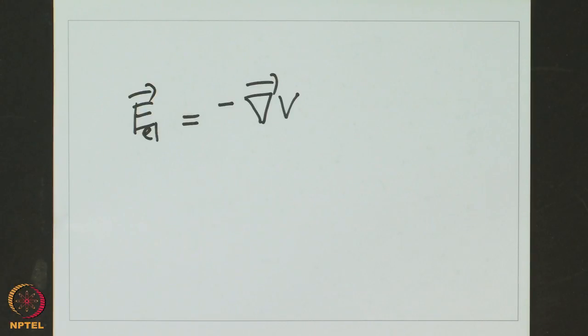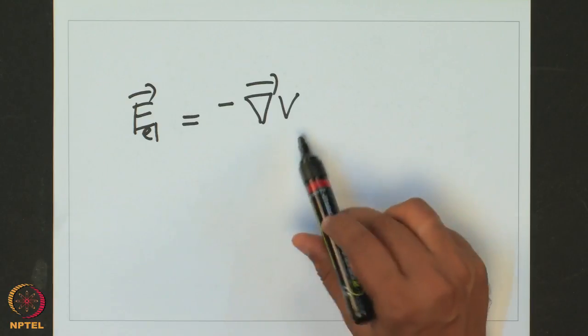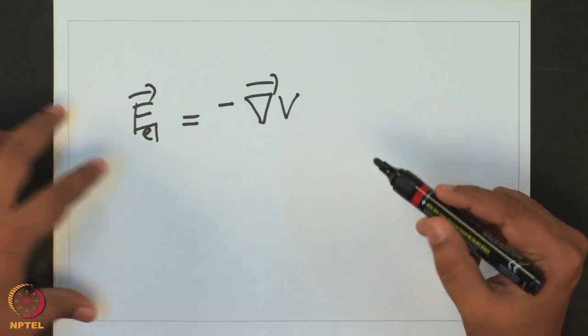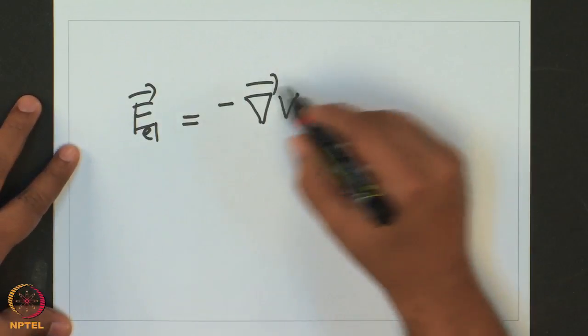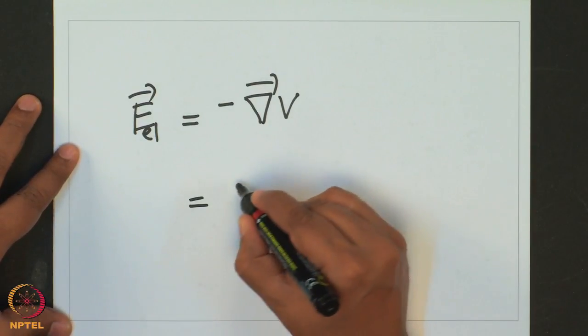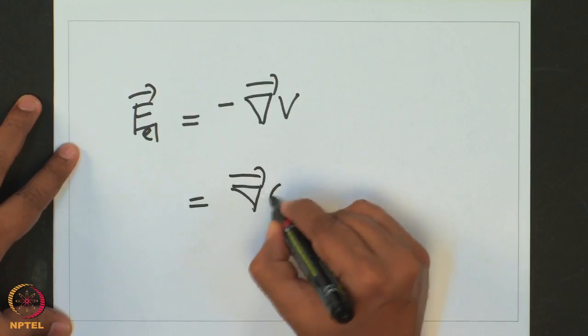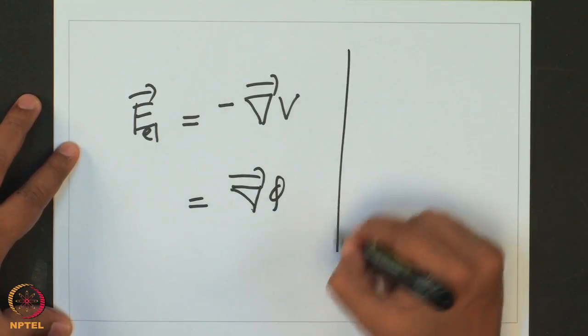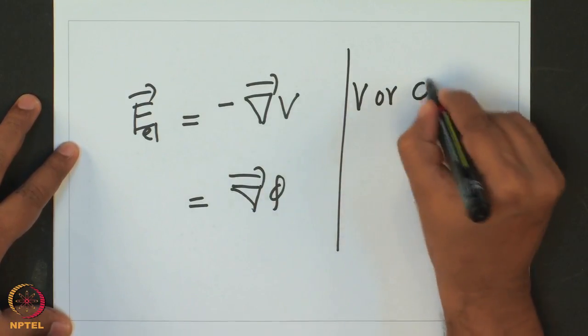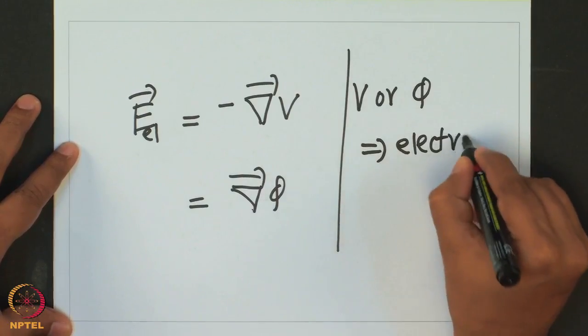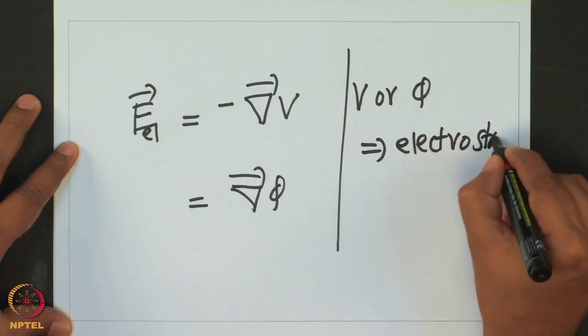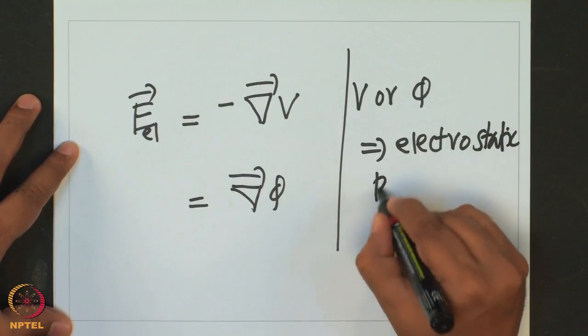And this is true in many other areas. We will come and learn this as we learn about the Nernst equation, where sometimes this could be written as del phi, where phi is the electrostatic potential.